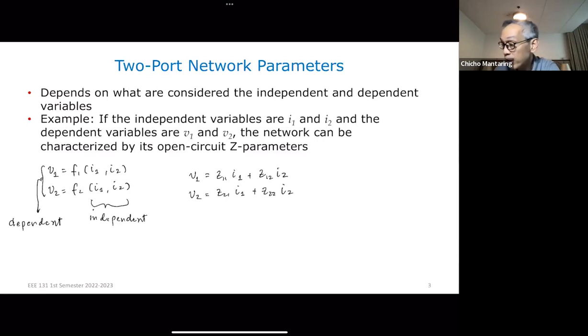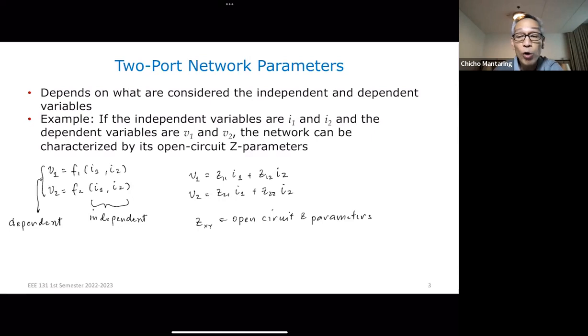Where Z of XY, ZXY, X being 1 or 2, Y being 1 or 2, these are what we call your open circuit Z parameters.